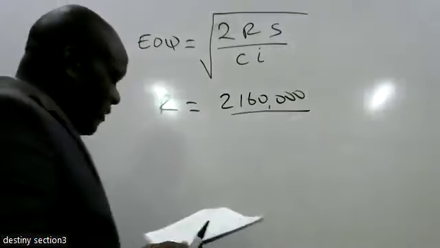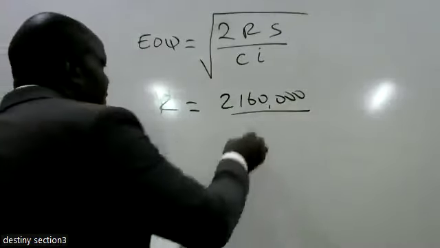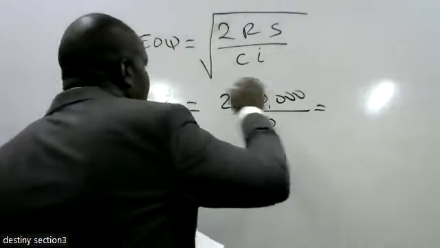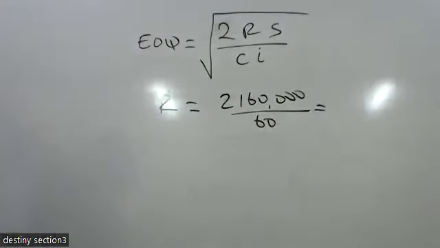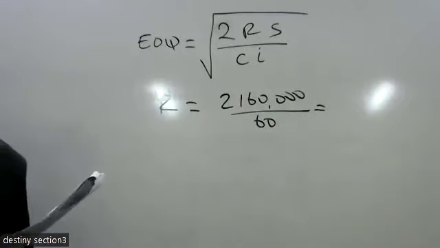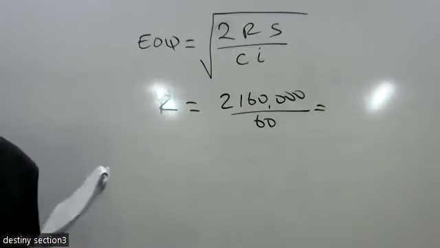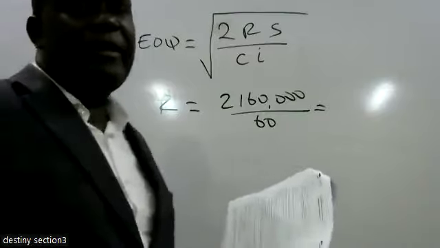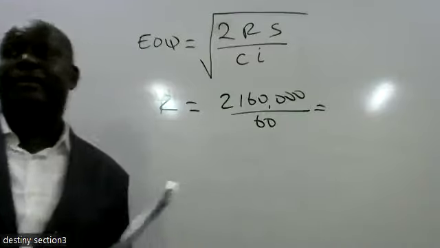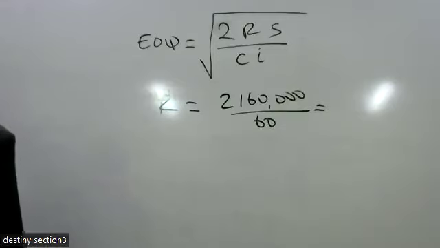But the cost per unit is how much? 60. So when you divide by 60, you now get the number of units. R is the annual demand in units. They gave you the purchases in shillings, so to get that R, take those purchases in shillings, divide by the price per unit.